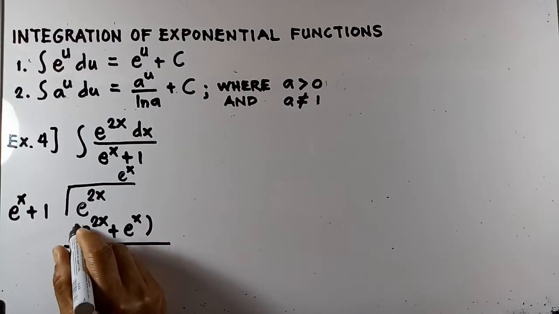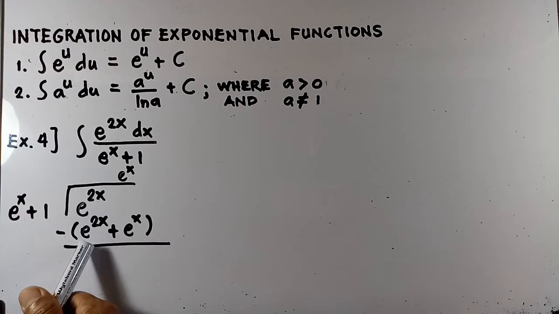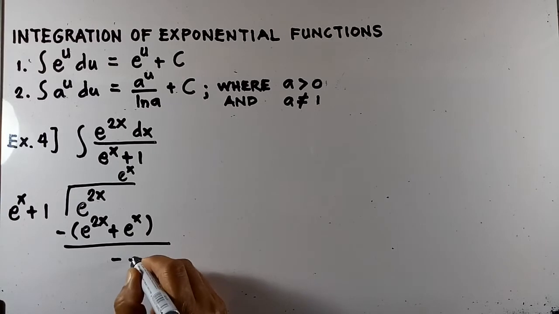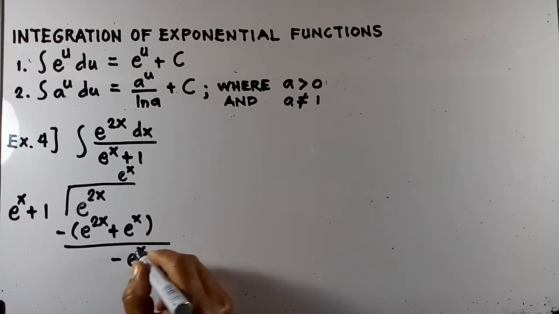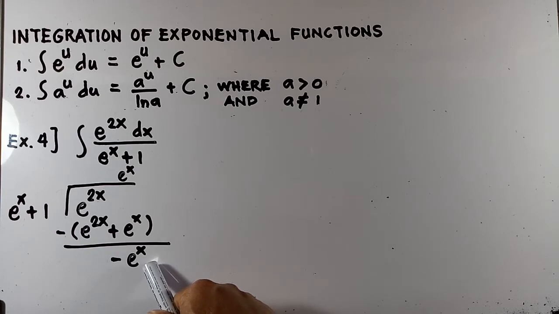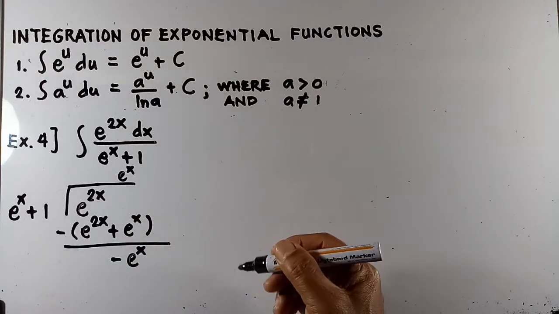Subtract, no? So, e raised to 2x minus e raised to 2x equals 0. And then, negative e raised to x. So, hanggang dito na lang yung division natin para yung ating remainder ay maging integrable, magiging integral siya leading to natural logarithm.